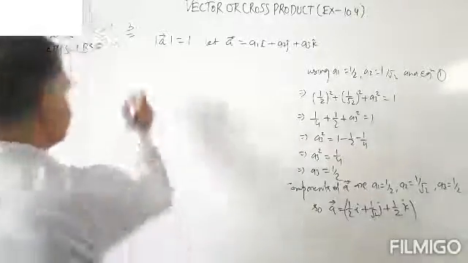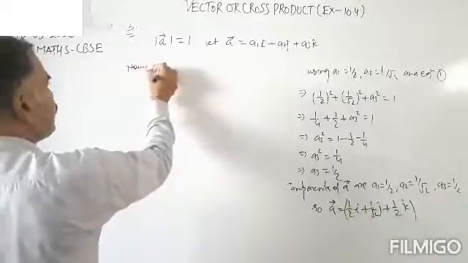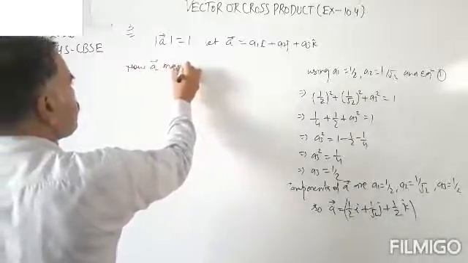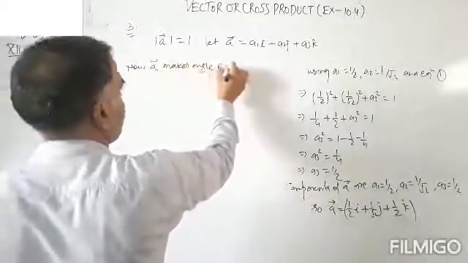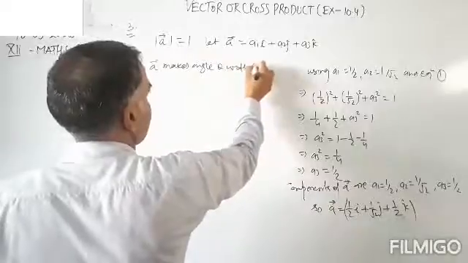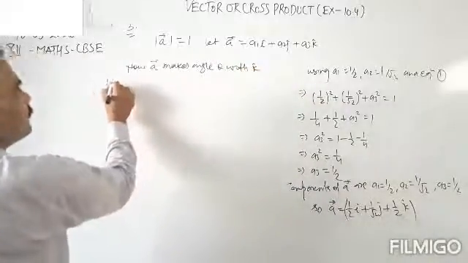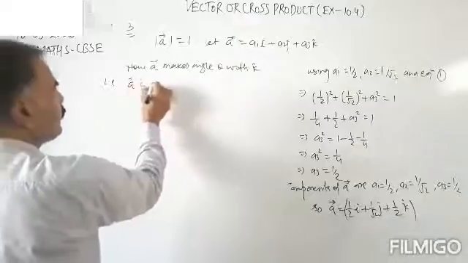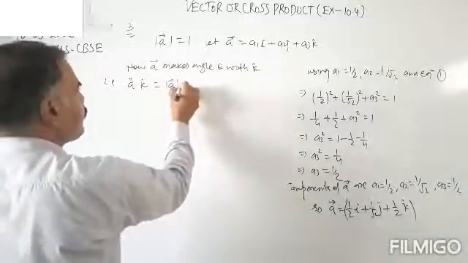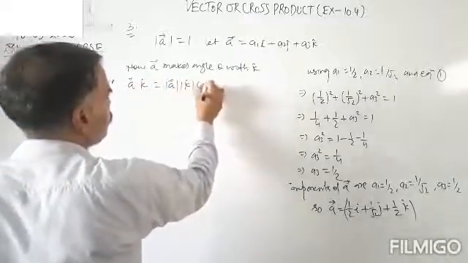Now, a makes angle theta with k cap, that is a dot k cap equals magnitude of a times magnitude of k cap times cos theta.